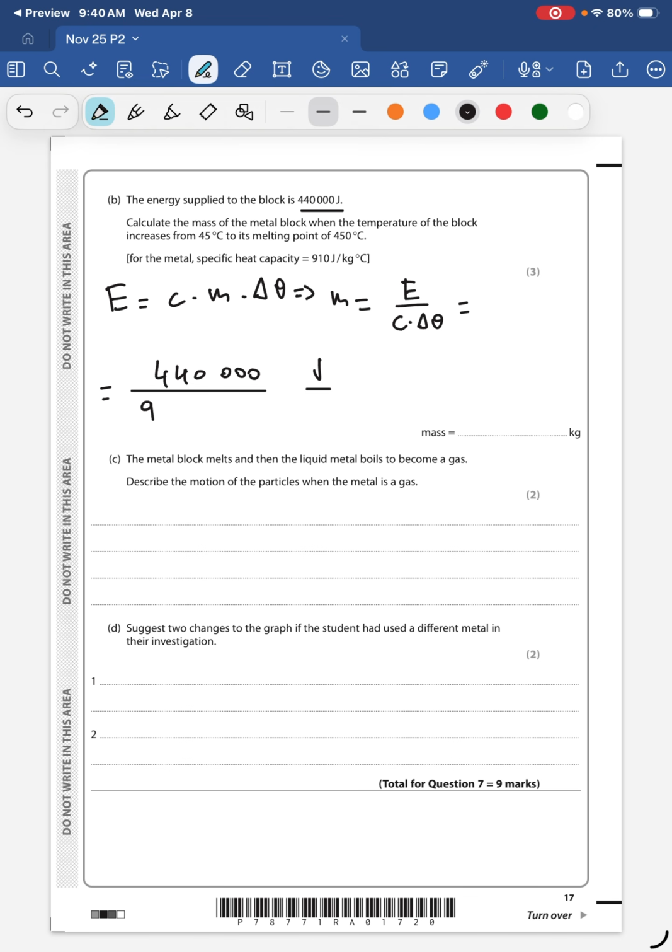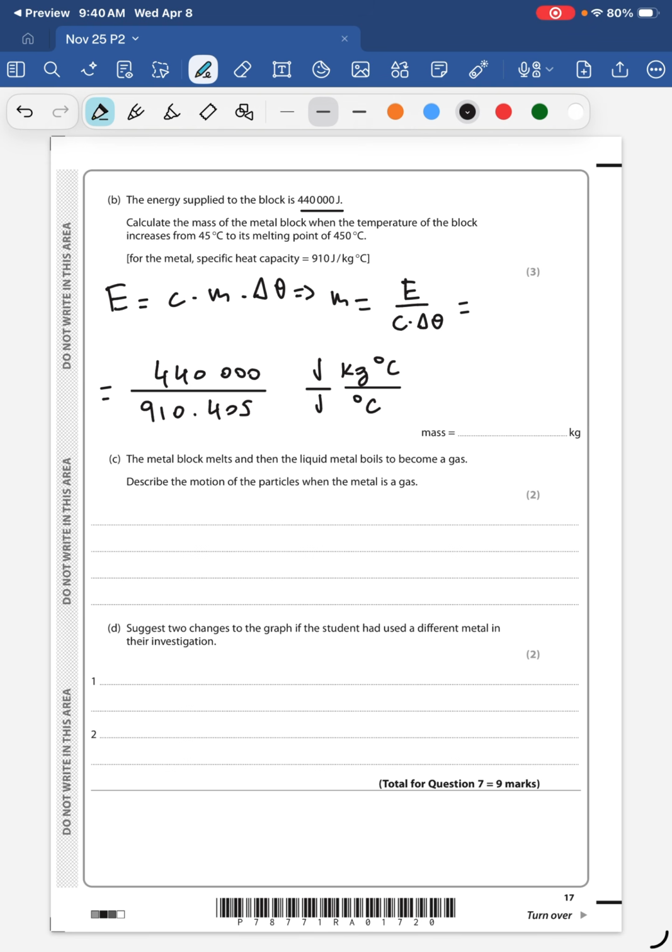So C is 910, and we have joules, and then kilograms and degrees Celsius in the denominator, and then times delta theta, which is 405 degrees Celsius.